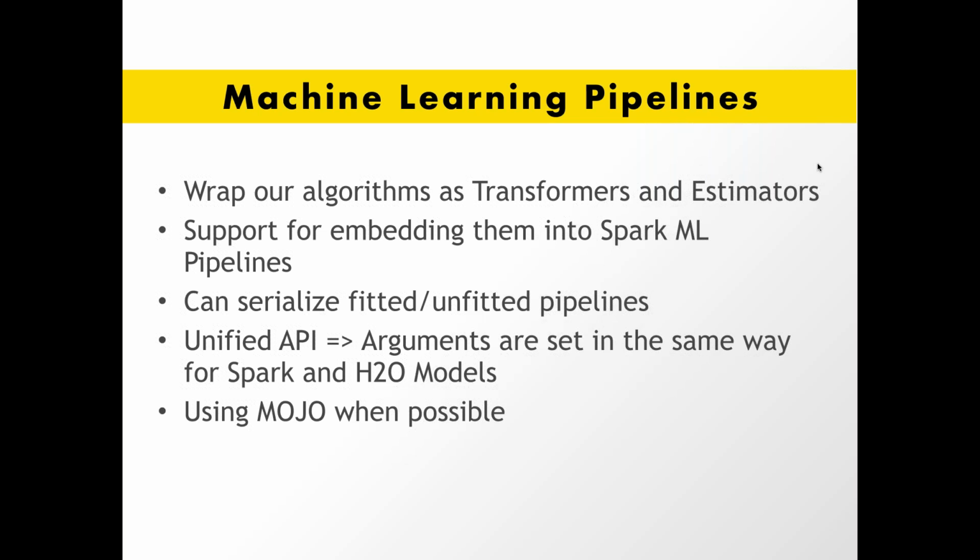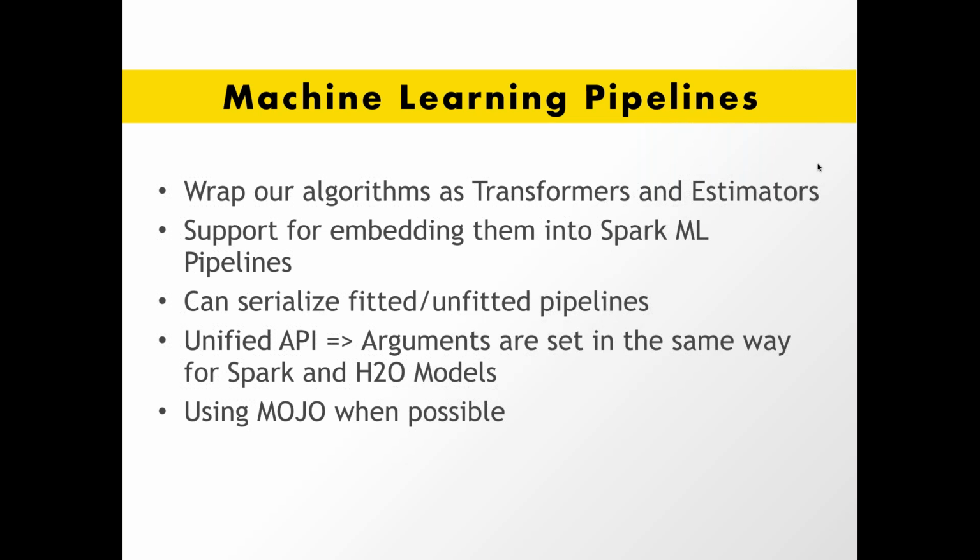Basically, what we did is we used these transformers and estimators and wrapped our algorithms inside of these concepts. So it allows us to nicely embed our algorithms into Spark machine learning pipelines. And for Spark users, it has the advantage that they don't need to worry that much about whether our algorithm will work fine in their pipelines. It will just work because we are using the Spark API.